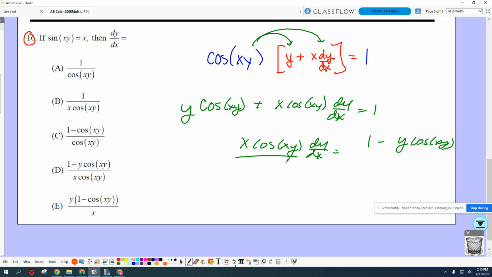And then divided by x cosine xy. So we want 1 minus y times, so not.